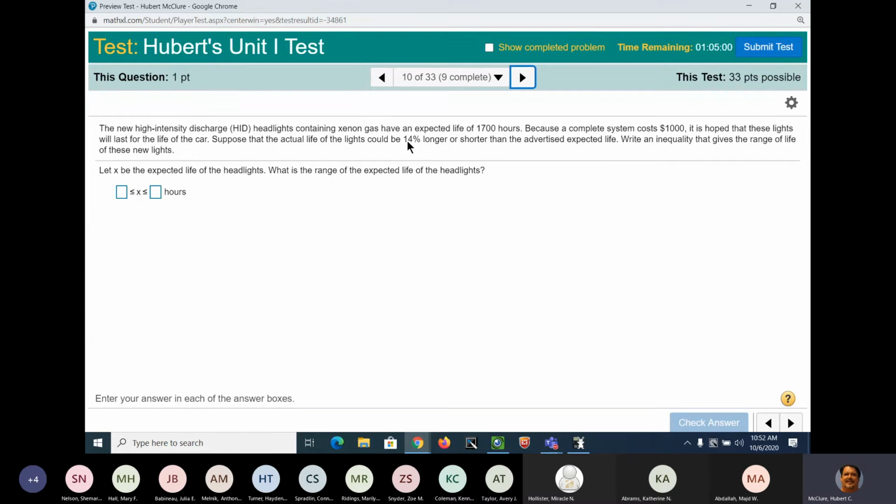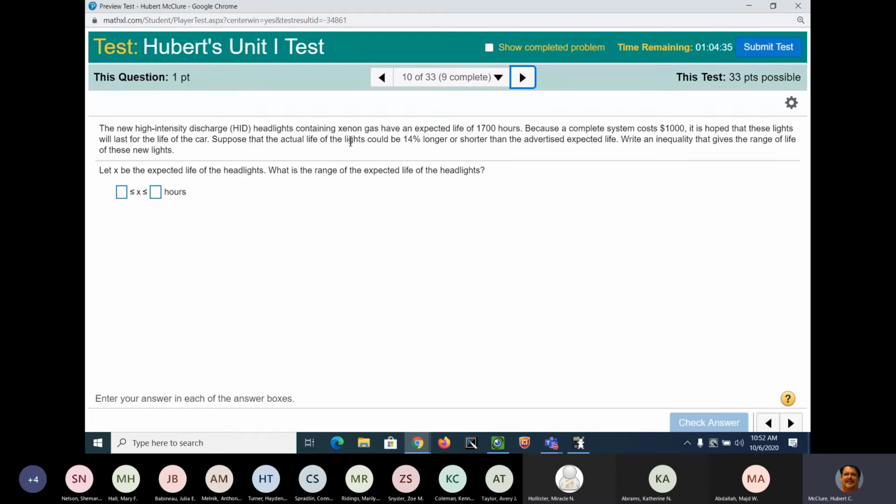Okay, 14%, and it says a life expectancy of 1,700 hours. Because a complete system costs $1,000. Well, I think $1,000 is kind of a red herring. It is hoped that these lights will last the life of the car.